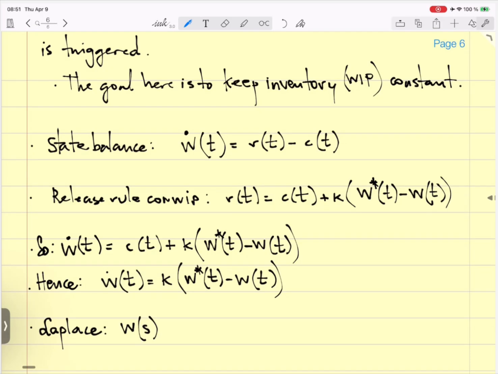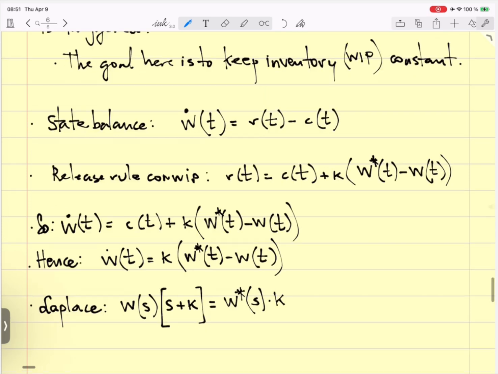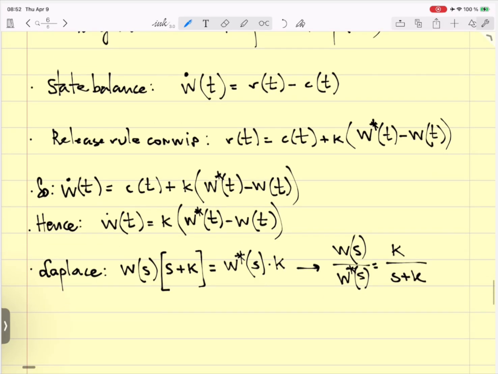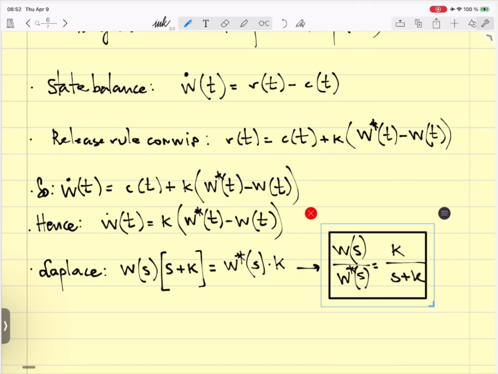W times s plus k equals W star times k. So we get the transfer function for the work in progress, k divided by s plus k. And this is our transfer function for the CONWIP in first order.